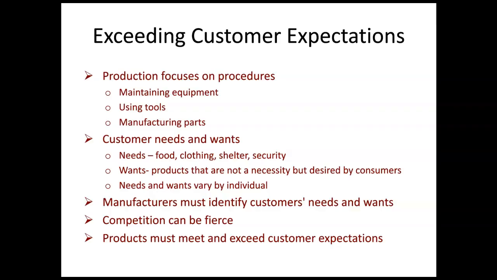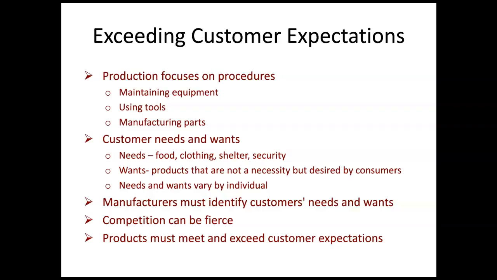We need to consider the customer's needs and wants. Now remember, needs are, of course, food, clothing, shelter, security, and environment, the 5 basic needs. So a want is basically any product that's really not a necessity, but it's desired and highly desirable by consumers.